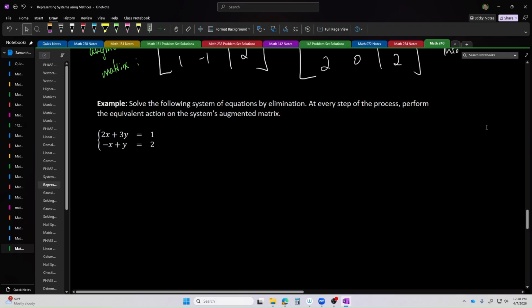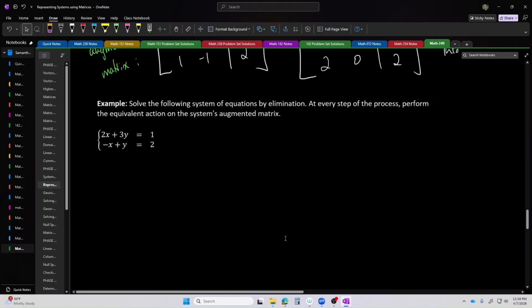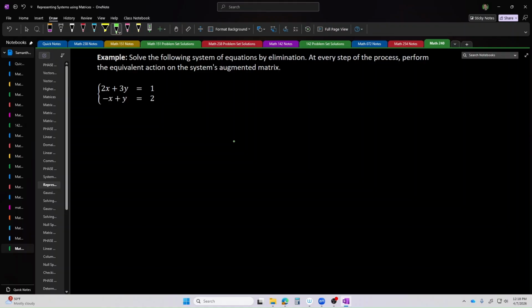So now let's go through the full process. Let's go back to the system of equations that we solved yesterday by elimination. And at each step of the process, let us track what would be the equivalent elementary row operation as performed on the system's augmented matrix. So in the previous lesson, the first thing that we did was multiply the second equation by 2. So that left my first equation in the system alone.